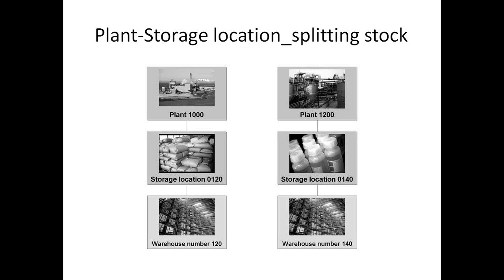The plant plus storage location combination should be assigned to a warehouse number. That is what it is showing here: plant plus storage location is assigned to warehouse number 120, and the second column 140.